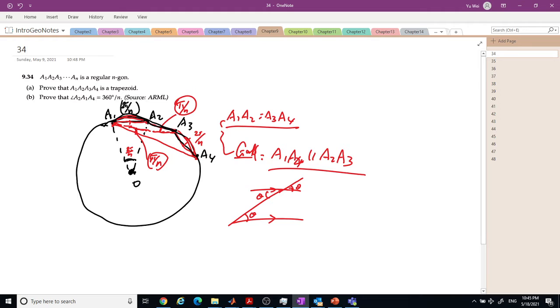These two angles are the same, so A1A4 is parallel to A2A3. Based on this, we know A1A2A3A4 is an isosceles trapezoid.